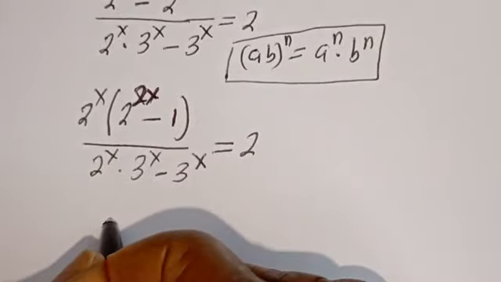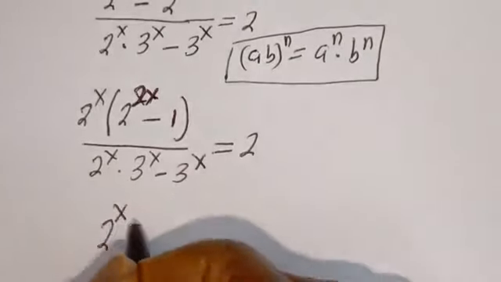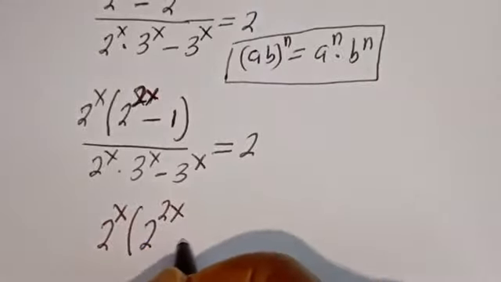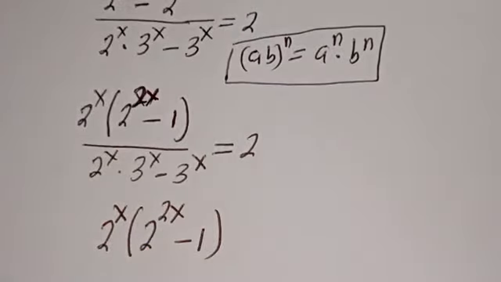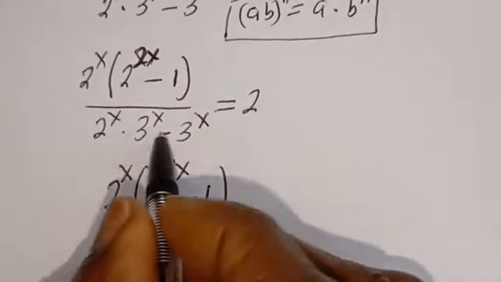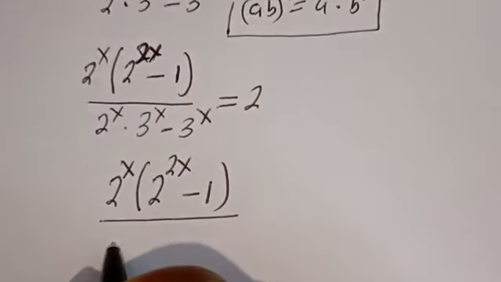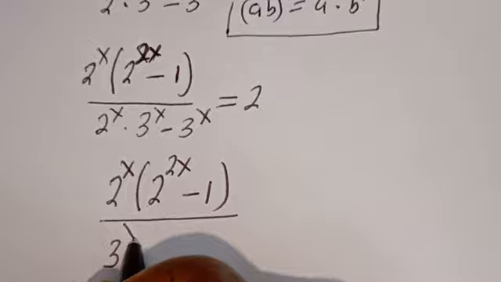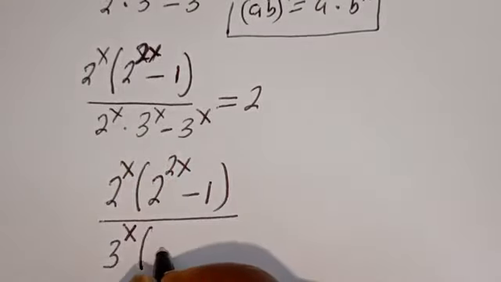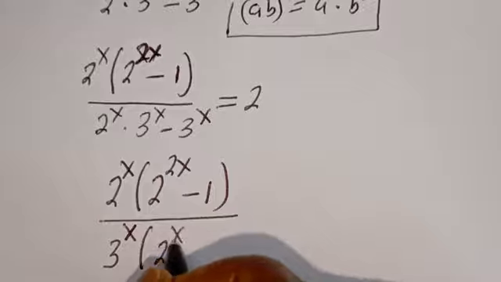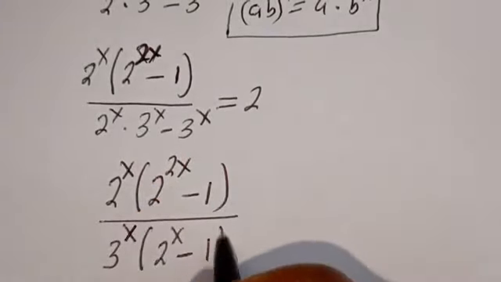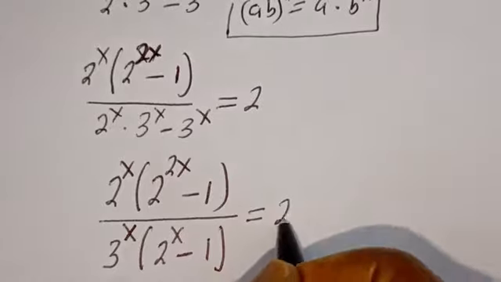Then we have 2 to the power of x bracket 2 to the power of 2x minus 1, divided by, here 3 to the power of x is common, let's bring it out. We have 3 to the power of x bracket, this divided by this, we have 2 to the power of x, minus this divided by this, 1, is equal to 2.